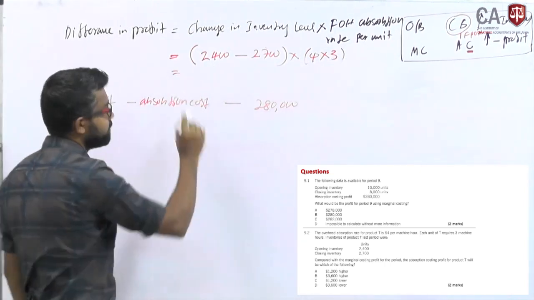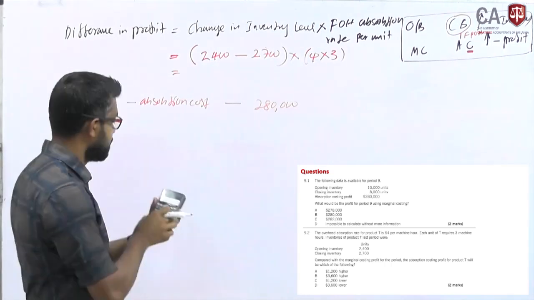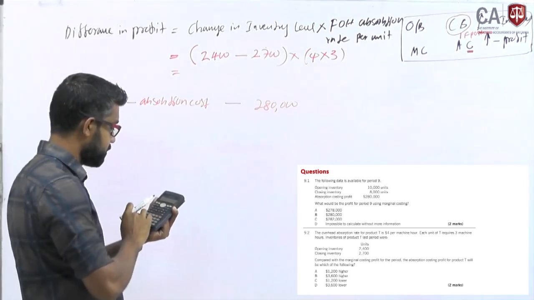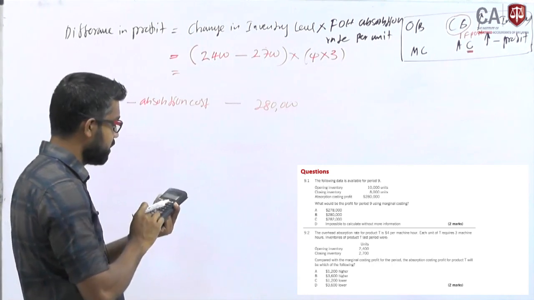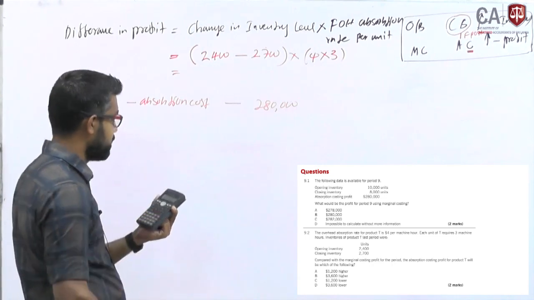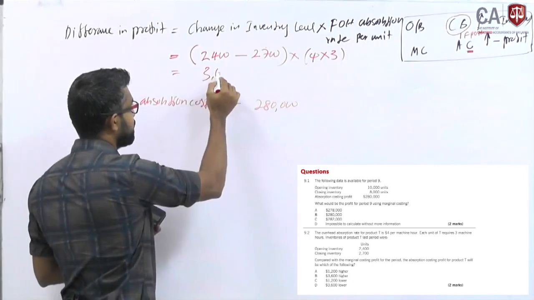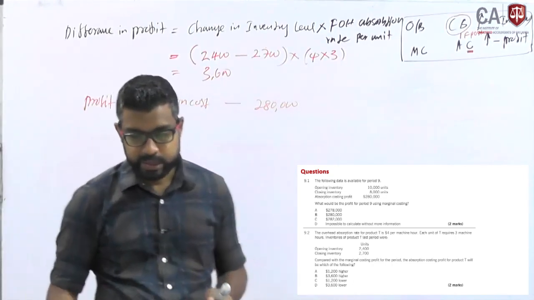What's the difference in profit? 2,700 minus 2,400 into 12, 3,600. This is the difference in profit.